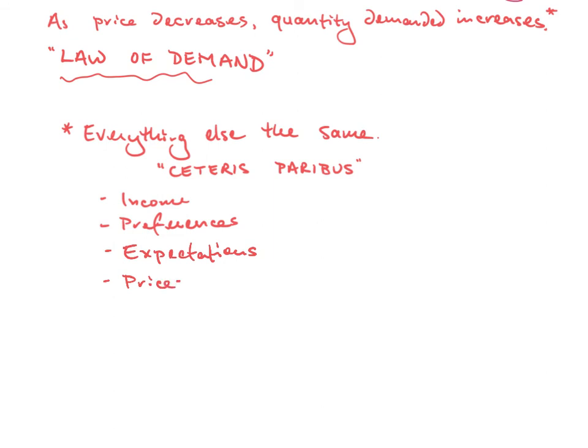Prices of related goods. These are all things that can impact demand for a good. When people's income rises, it will change demand, but it will change the whole demand curve.